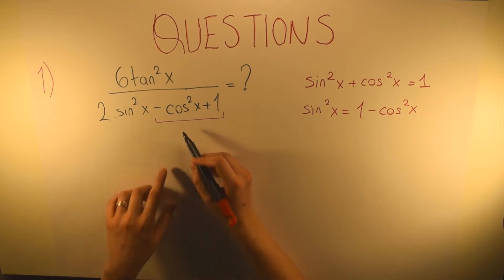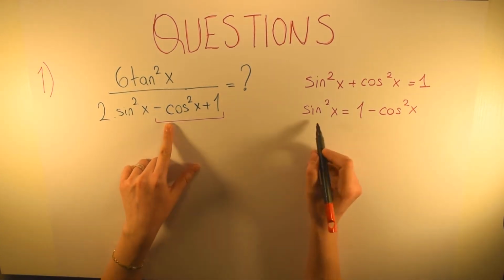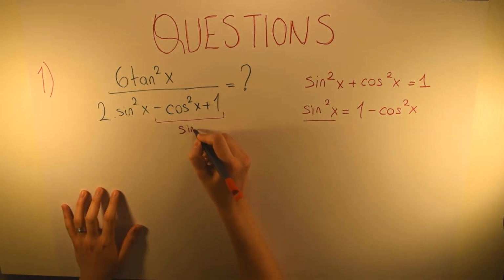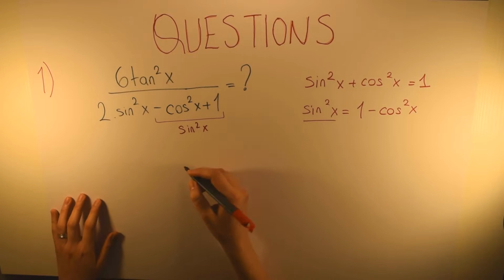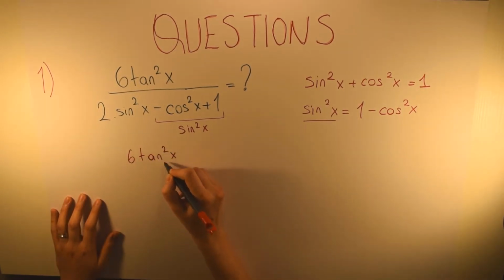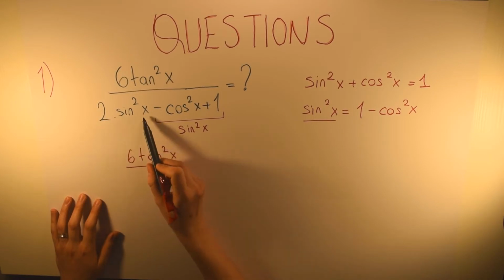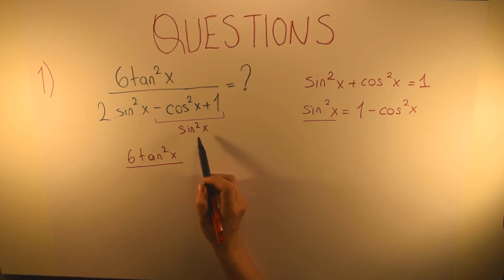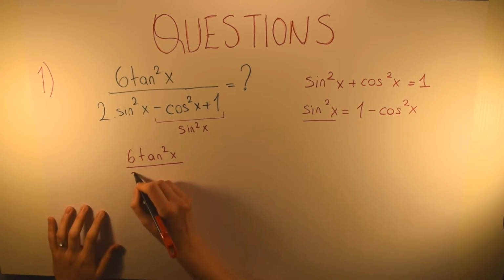So instead of this expression, I can put only sine square x. Our question will be like this: 6 tangent square x over 2 sine square x plus sine square x, so it will be 3 sine square x.